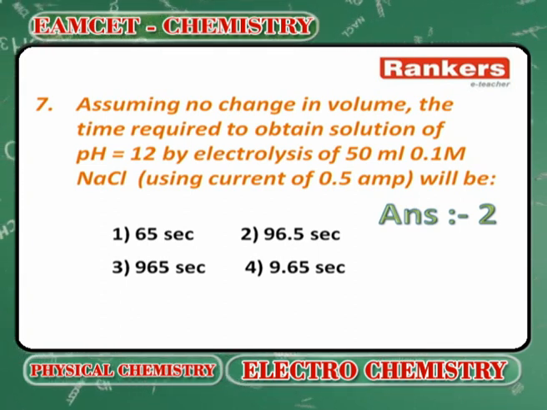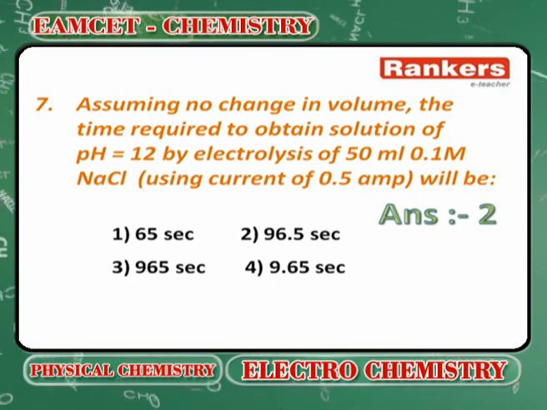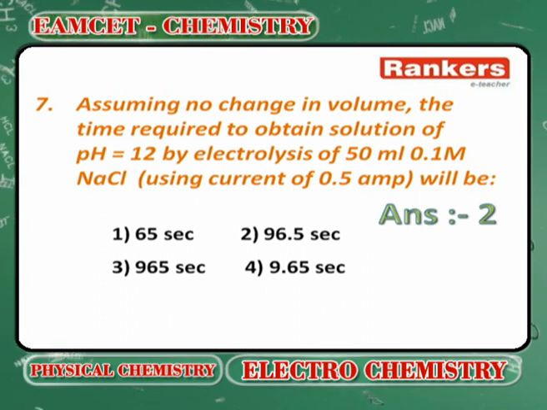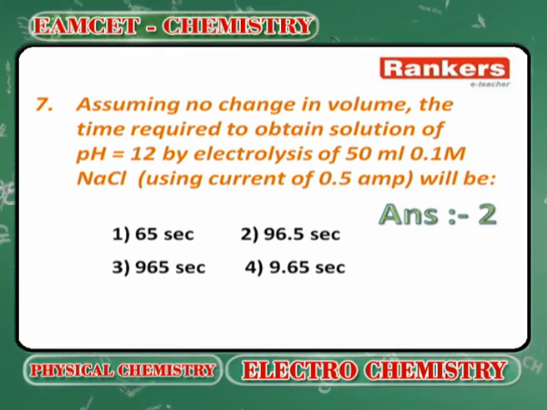Assuming no change in the volume, what is the time required to attain a solution of pH 12 by electrolysis of 50 ml of 0.1 molar NaCl using a current of 0.5 amperes?